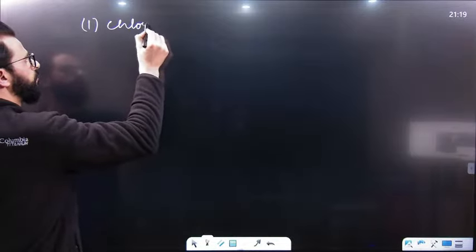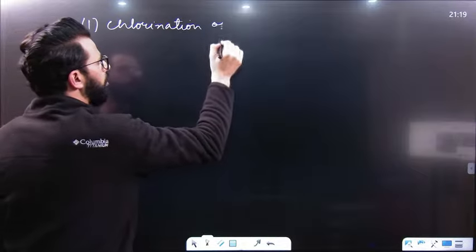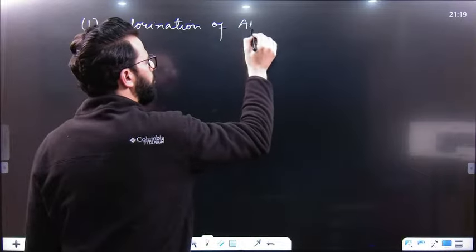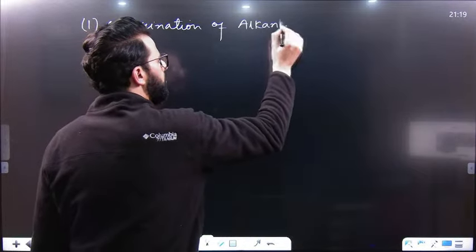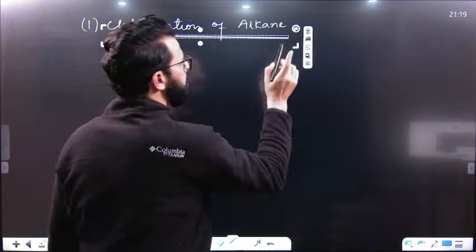After this, we will start our first reaction, that is chlorination of alkane. Have a look. Now, what is meant by chlorination of alkane? We know halogenation means introduction of halogen.